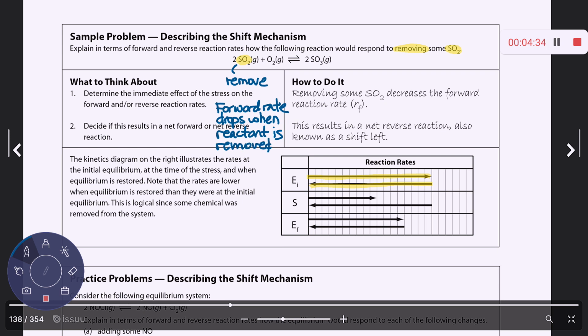Okay, so you can see how the forward rate just took a dive. Reverse rate stayed the same. When we got to our final equilibrium, you can see that both rates decreased.